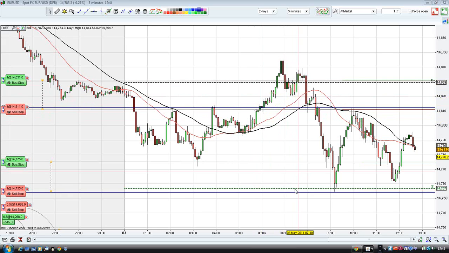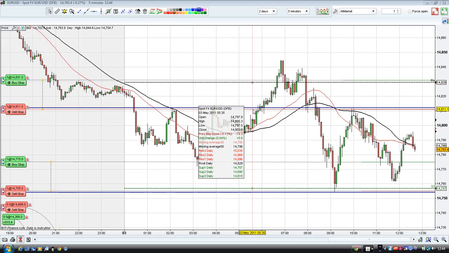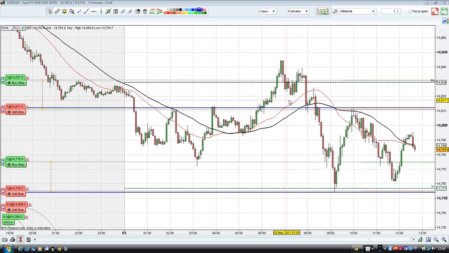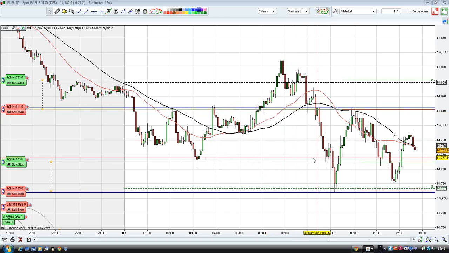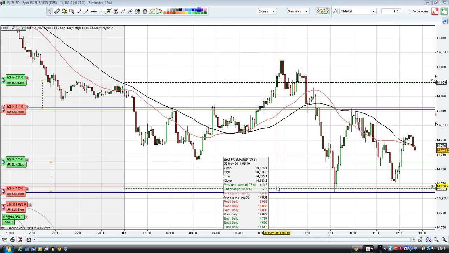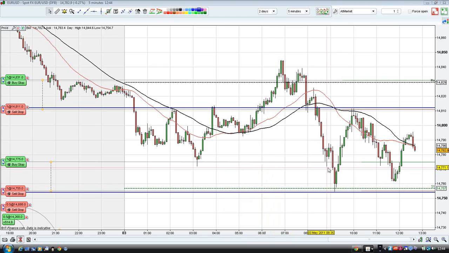Buy here at the pivot point, sell at the support. Understanding what pivot points are, what moving averages are, it's easy to understand, but how to apply it in practice, in conjunction with the market, knowing when to use it, when not to use it, money management, discipline, all those sorts of things actually make the huge difference between being successful and not.